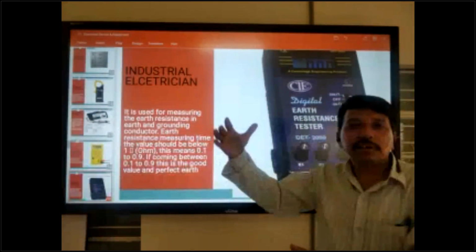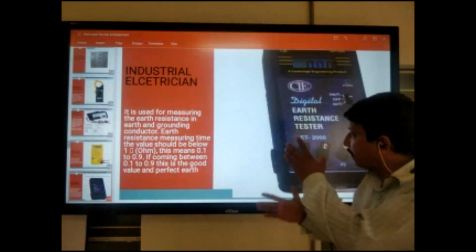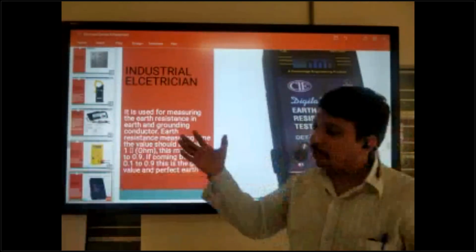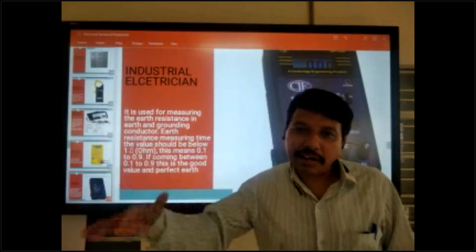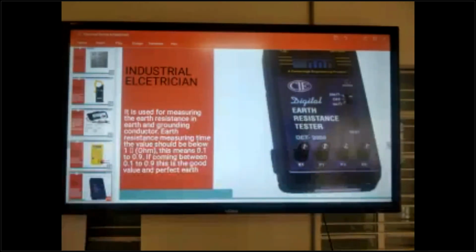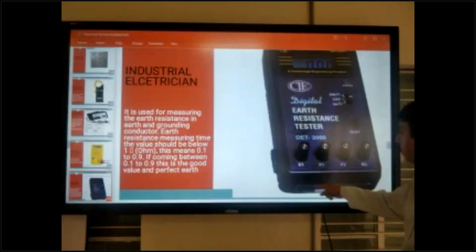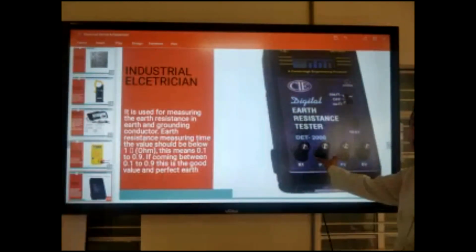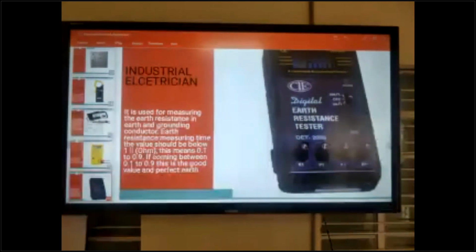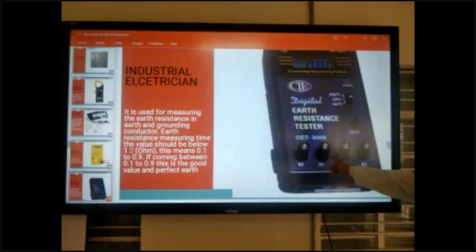This is a little bit different from the multimeter, clamp meter and Megger. The system is a little different because there are 4 terminals. We use all 4 at earth resistance testing time: E1, P1, P2 and E2.